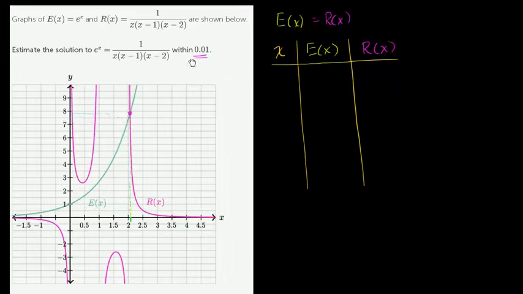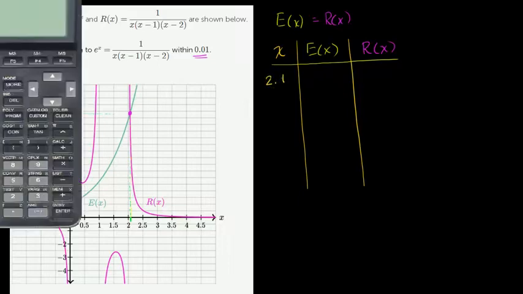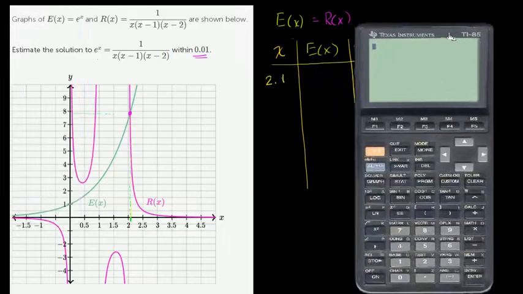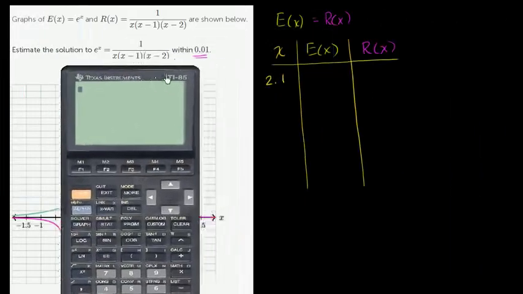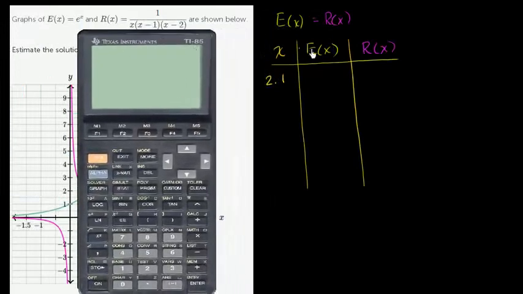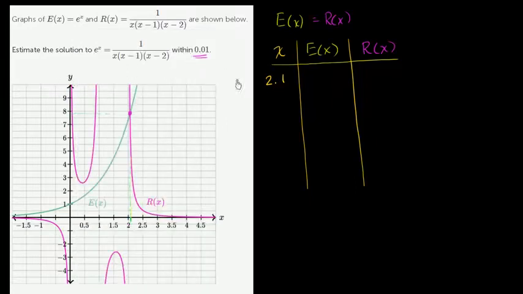So let's see. When x is equal to 2.1, let me get my calculator out. e of x is just e to the x power, so e to the 2.1 power is equal to 8.166. Let me write that down.